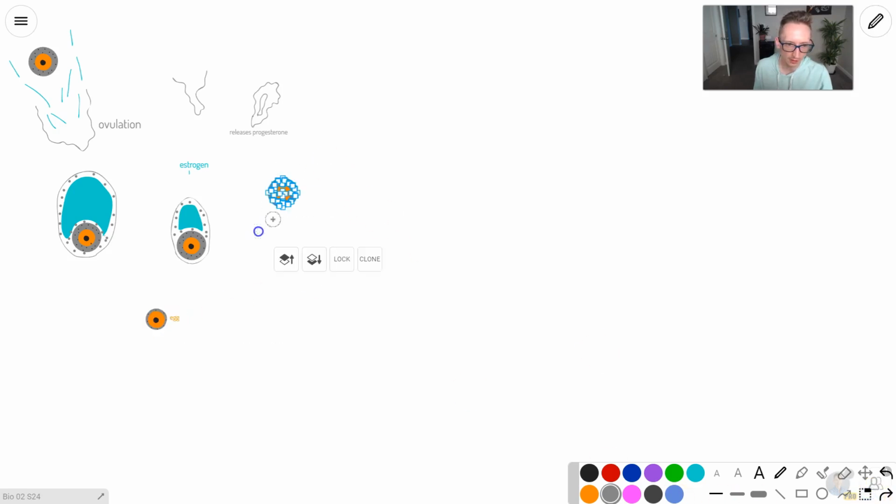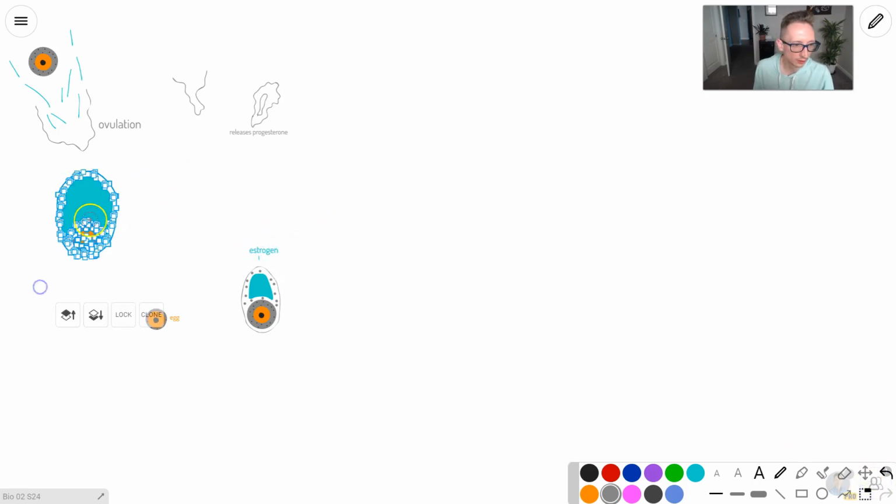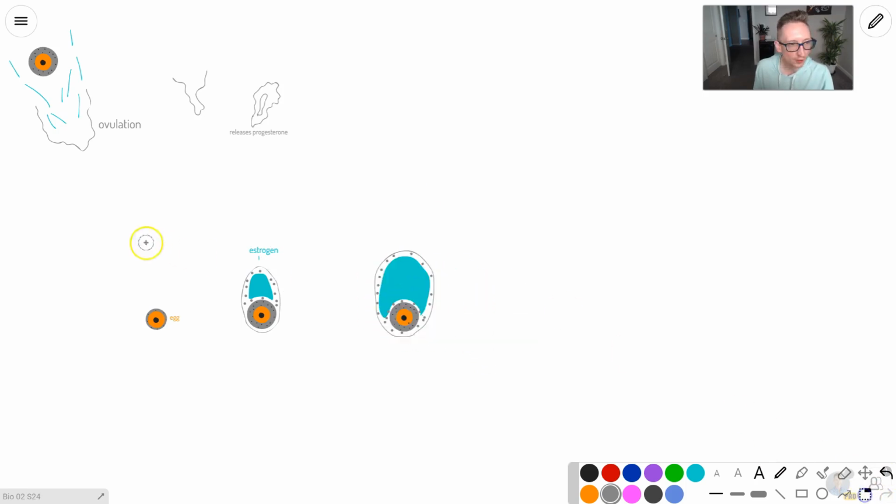Left to right. I don't actually need this one. Get rid of that one. And we want this guy, which, if you remember, is making estrogen. And then we've got the larger follicle, and then we've got ovulation.